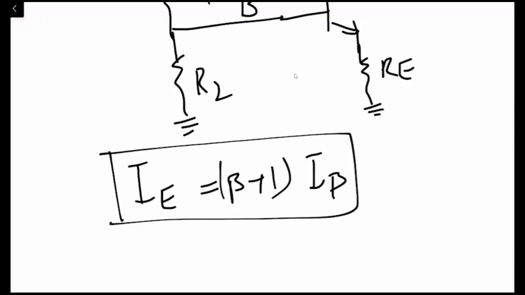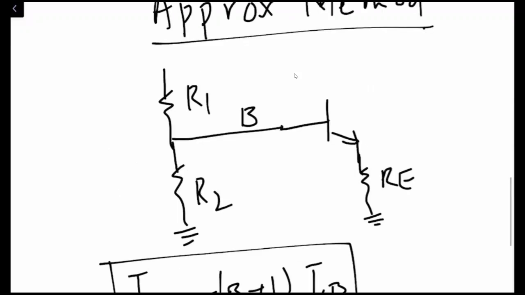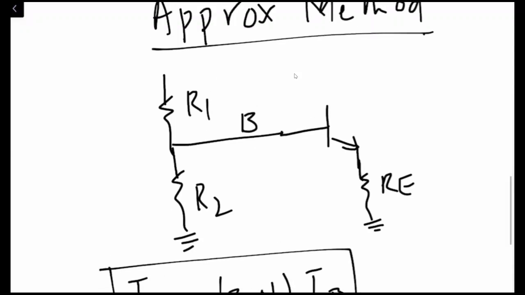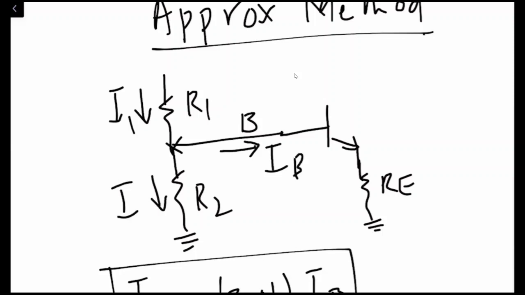Now suppose the current flowing in R1 is I1. At this specific point, the current will be split into the base current IB, and another current I2 flowing in R2.